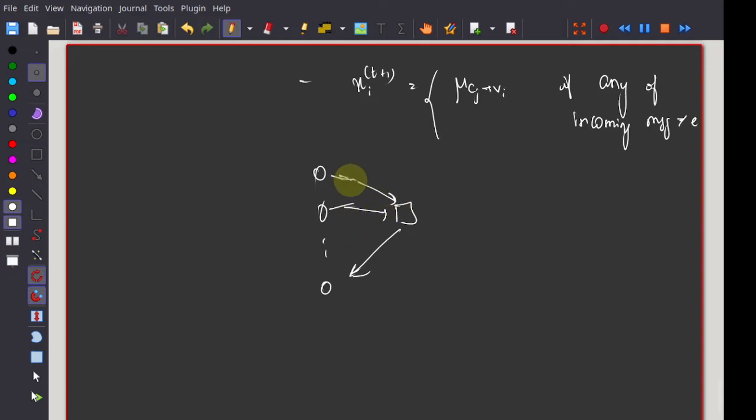Some of these could be erasures, some of them could be non-erasures, 0 or 1. Now I want to compute the message along this particular edge. If all of the other edges are symbols which are not erasures, if they're all either 0 or 1, then I take the XOR of everything I have and send it along this edge. If any of them is an erasure, then I send erasure along this edge.